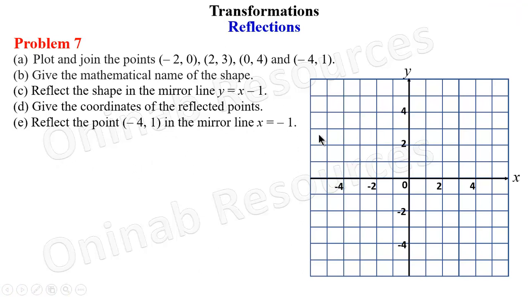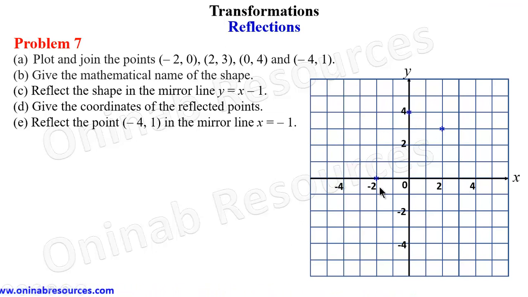So we start from A. We have to plot the point negative 2, 0. This is the point here. It is marked out. And 2, 3. This is the point here. And 0, 4. 0 is the y-axis, and 4 at that point is the point.